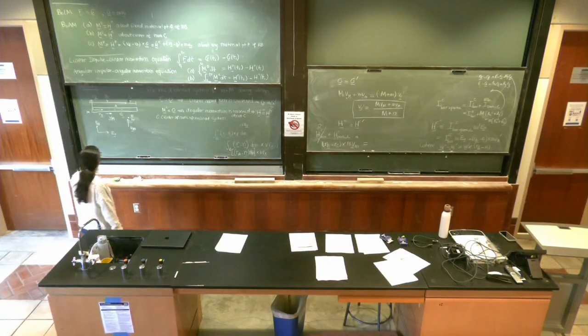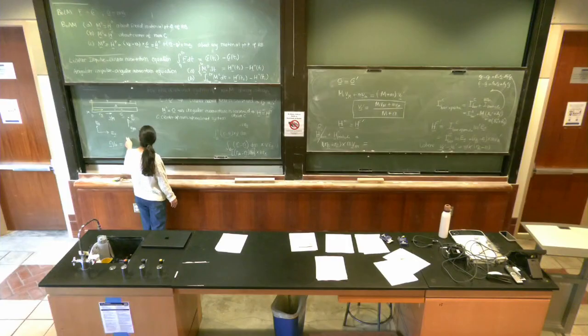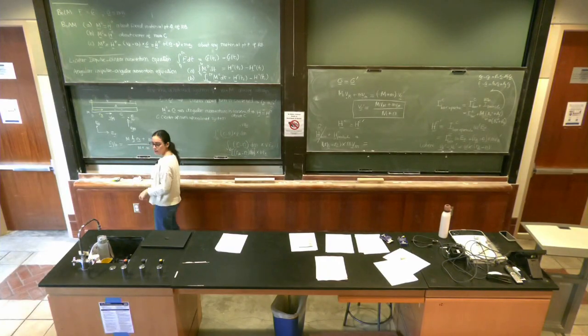RC, let me take a point D here. RC with respect to D is going to be equal to the mass of the bar times length of the bar over 2 ex, plus the mass of the particle times 3L over 4 ex, over m plus m. Is this what you did?